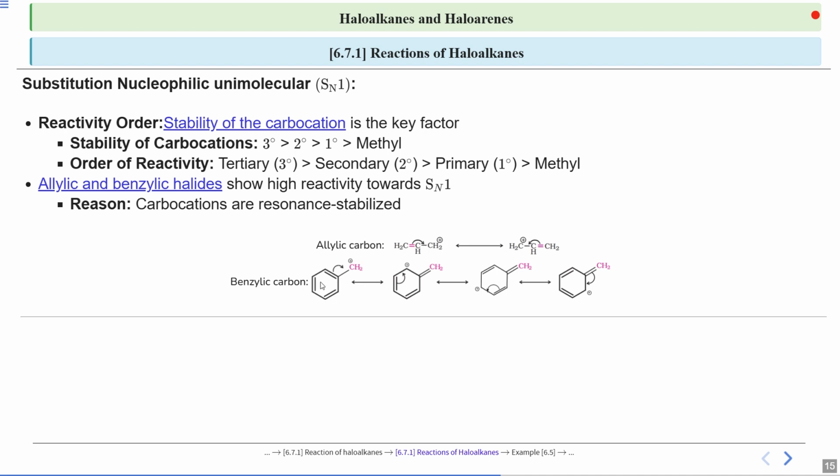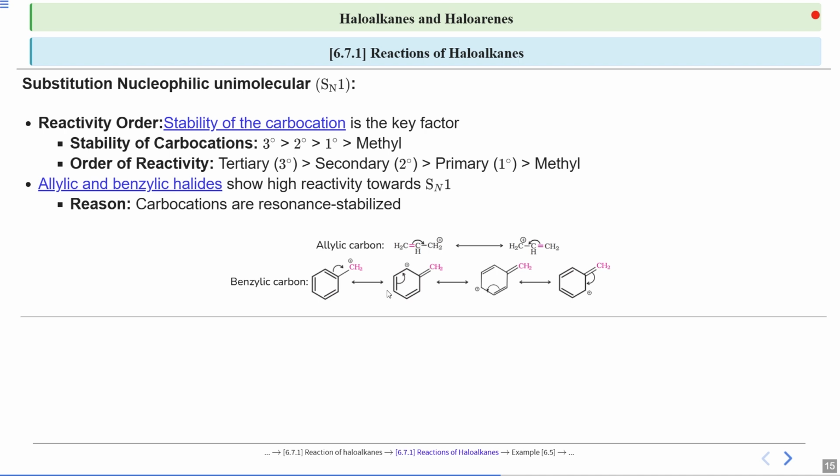So what will happen? The electrons of this double bond are going to be donated to the bond between the benzene carbon and the CH2 carbon. So here comes a double bond, and this double bond is removed from the benzene ring. So a positive charge comes on the carbon from which the double bond electrons have been removed.